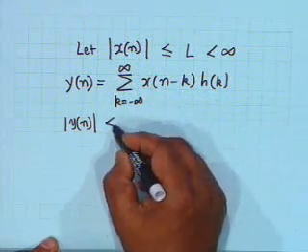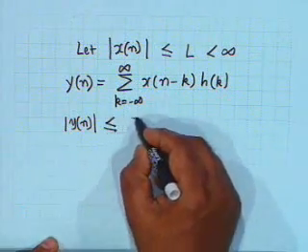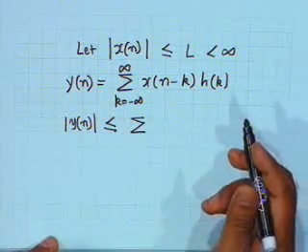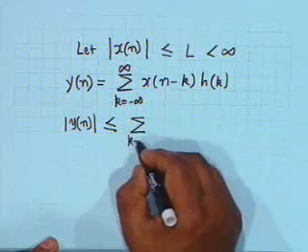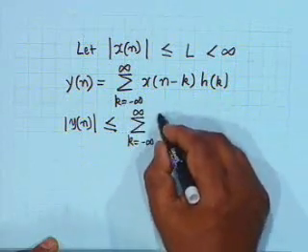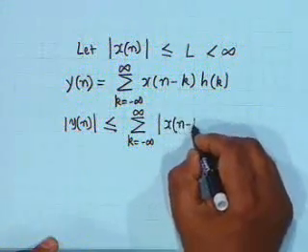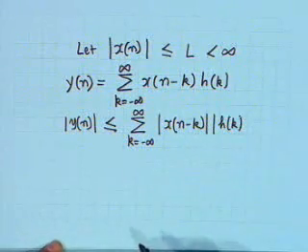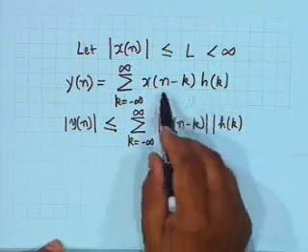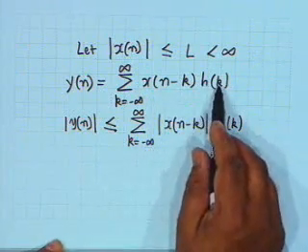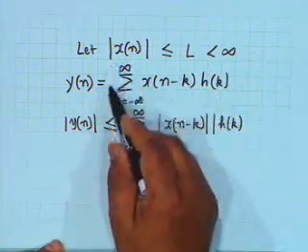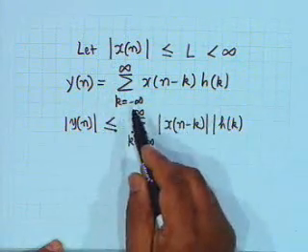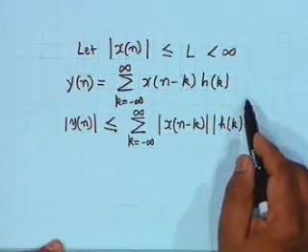then obviously this would be equal to mod of this whole quantity, and in turn this would be less than or equal to, if we take the mod inside the summation for both, summation from minus infinity to plus infinity mod x of n minus k mod h of k. Is this clear? We have a product x of n minus k hk. The mod of the whole summation obviously shall be less than the summation of the mod.